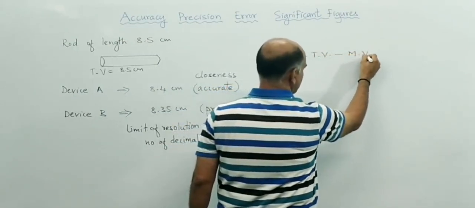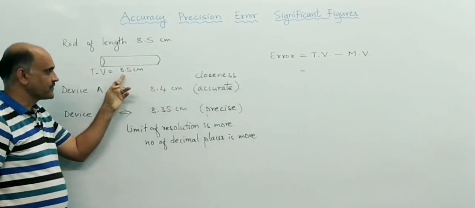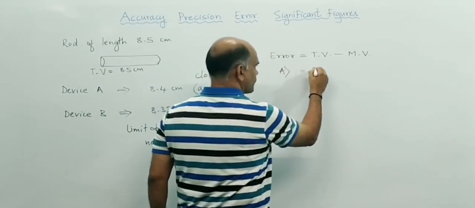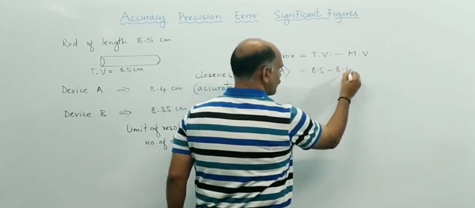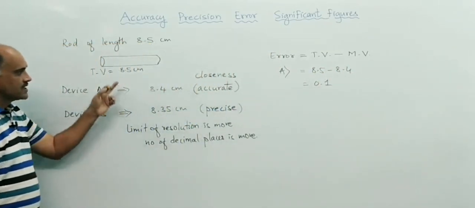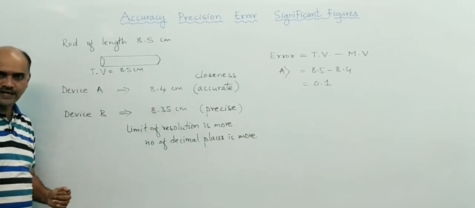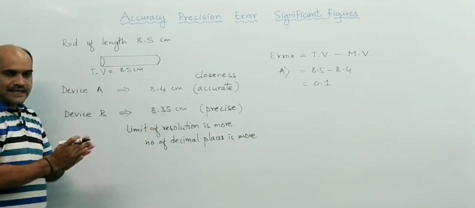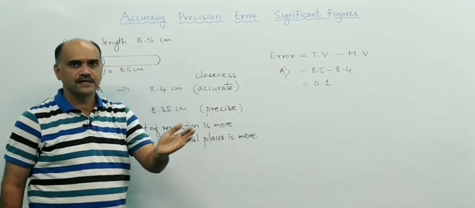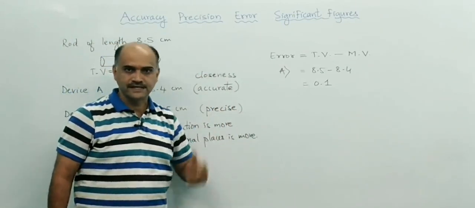If you take the first one, 8.5 minus 8.4, the error is about 0.1. Similarly, if you subtract this, you will have 0.15 error. In error, there are different types, systematic error, random error, etc., which we will see in our next session.